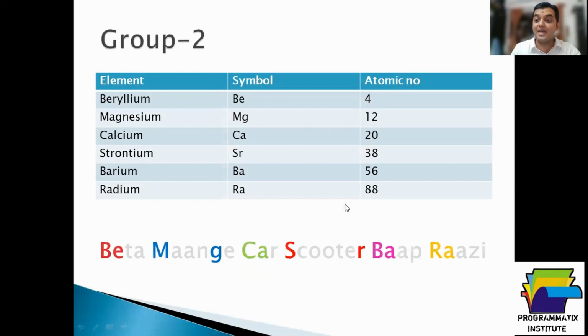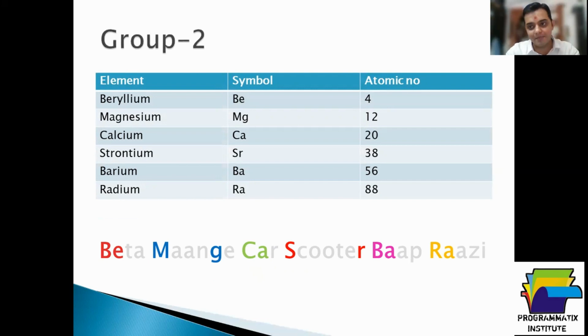The trick is "Beta mange car scooter baap razi," where Beta ka Be goes for beryllium, mange ka Mg goes for magnesium, car Ca is calcium, scooter Sr is strontium, baap ka Ba is barium, and razi ka Ra is radium. I told you the shortcut should be such that you can recollect the symbol from it. So this was a very simple one.